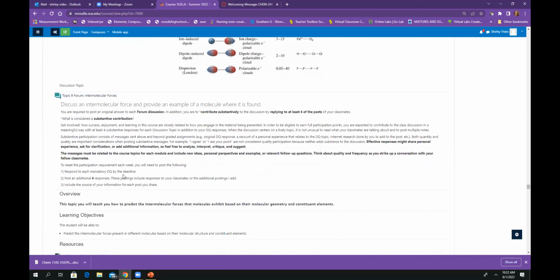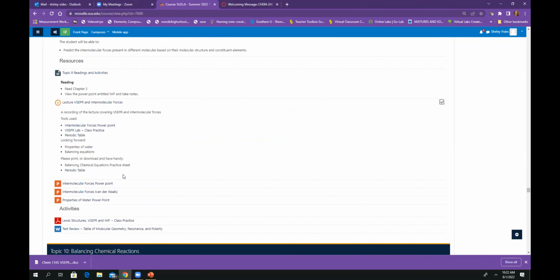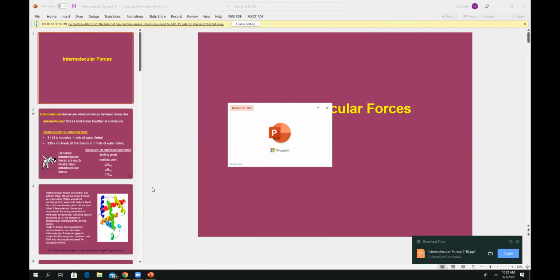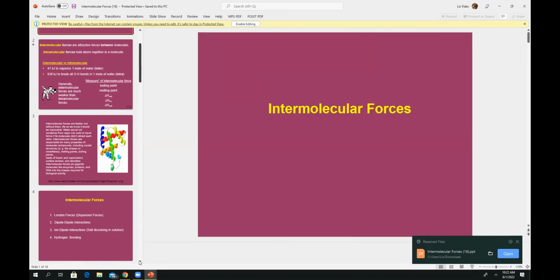You have 4 types, and I'm just going to go over them, and you can watch the PowerPoint. There are others, but the one I prefer to explain the intermolecular forces is the purple one, kind of grape color purple.